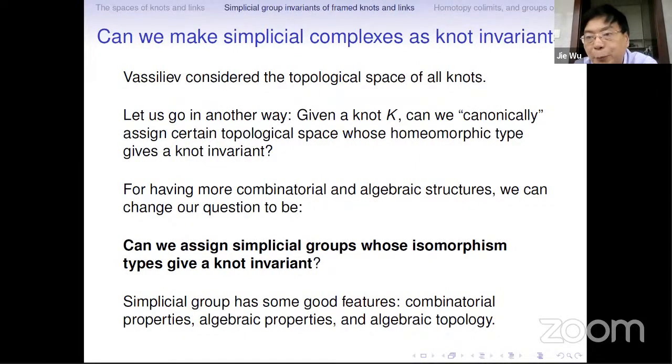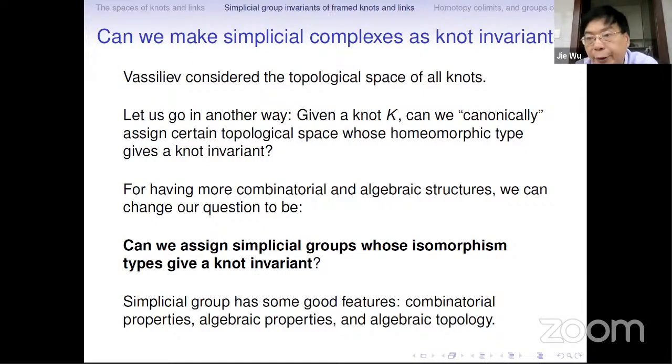Now we just put in a bit of a new idea here: try to look at combinatorial topology to study knot invariants in certain other ways.